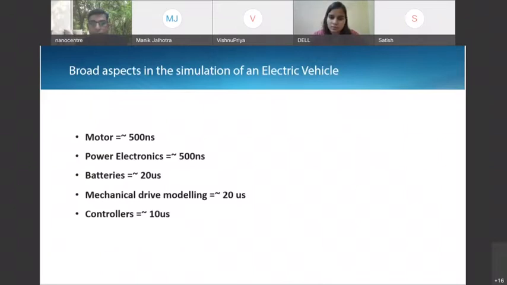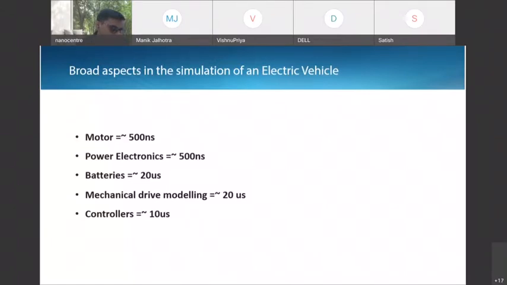Whenever we go for a higher switching frequency, we need the simulators, or the host PCs, laptops, or workstations, to have processors sufficiently able to simulate such components in their time range. This is one of the very critical factors we need to consider when simulating any component, not just the electric vehicle.